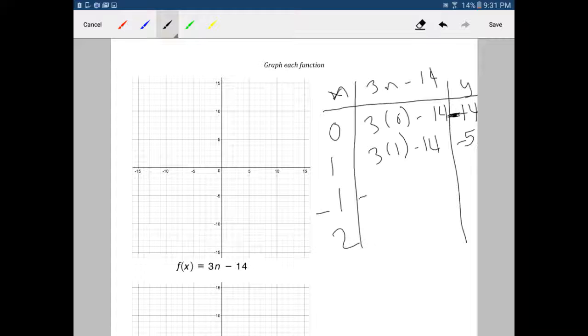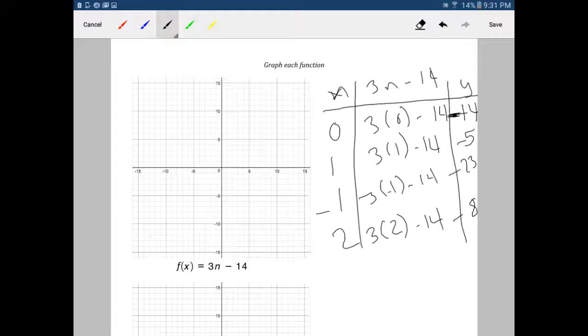And then -1: 3 times -1 minus 14, that's -3 minus 14, we're getting more negative. That's -17. And then 2: 3 times 2 minus 14. That is 6 minus 14, -8. So everything's going to be on the negative side.